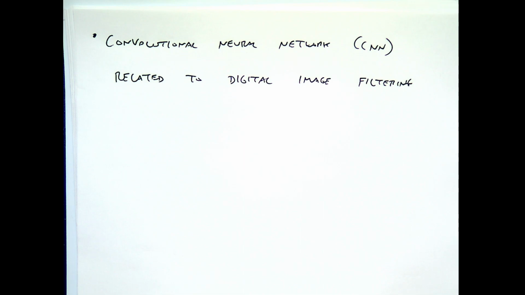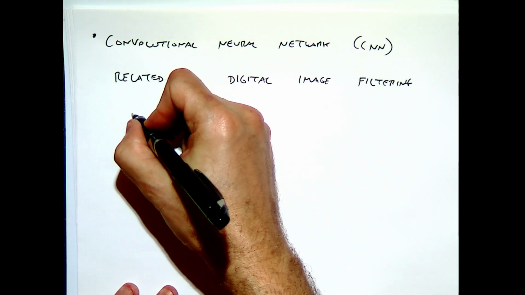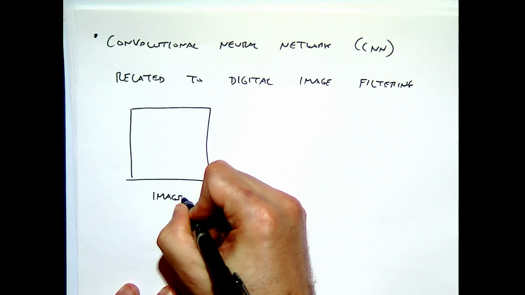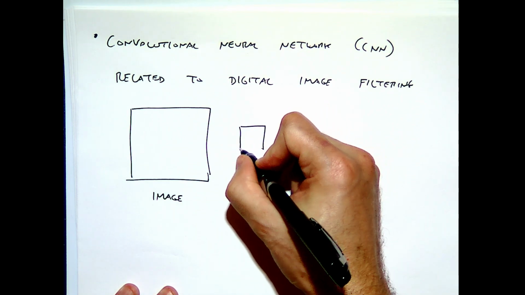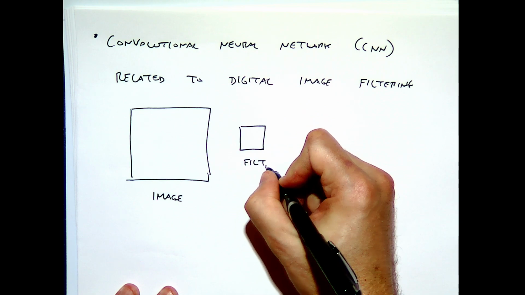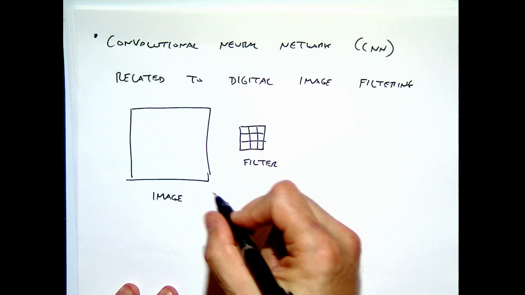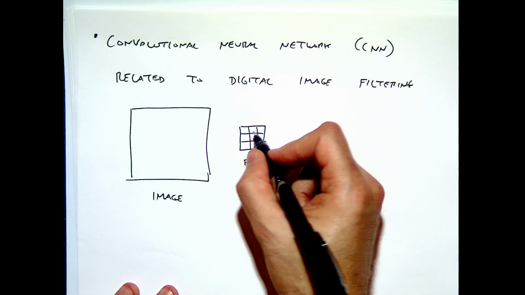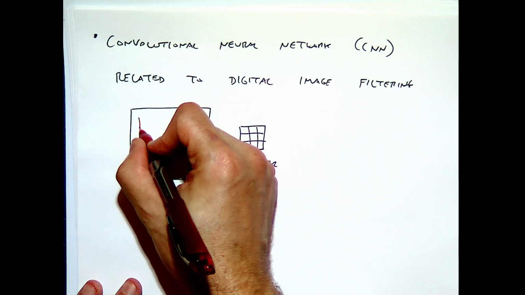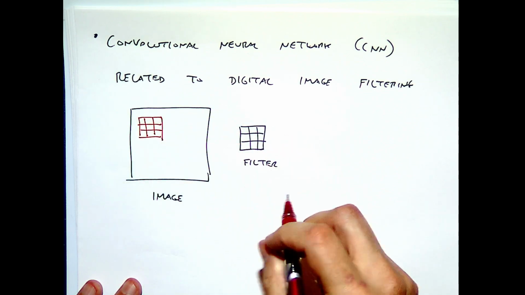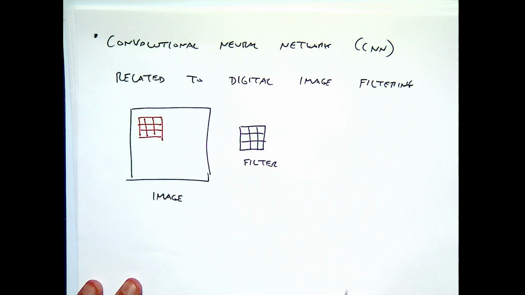Okay, so what is a filter? The idea is that I have an image, and then I have a little tile that I call the filter, and let's suppose this is a 3 by 3 filter. I place it over a place in the image, multiply corresponding pixels together and add them up.